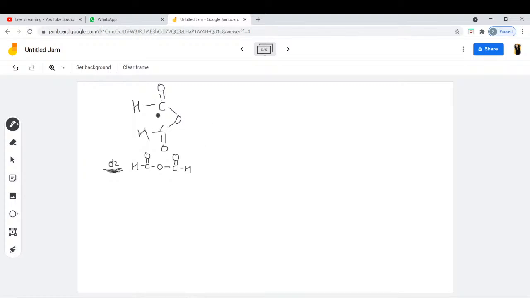I think this comes from HC double bond O, OH, and HC double bond O, OH. H2O is removed: H from one and OH from the other, and this carbon is attached to this oxygen, forming this structure.